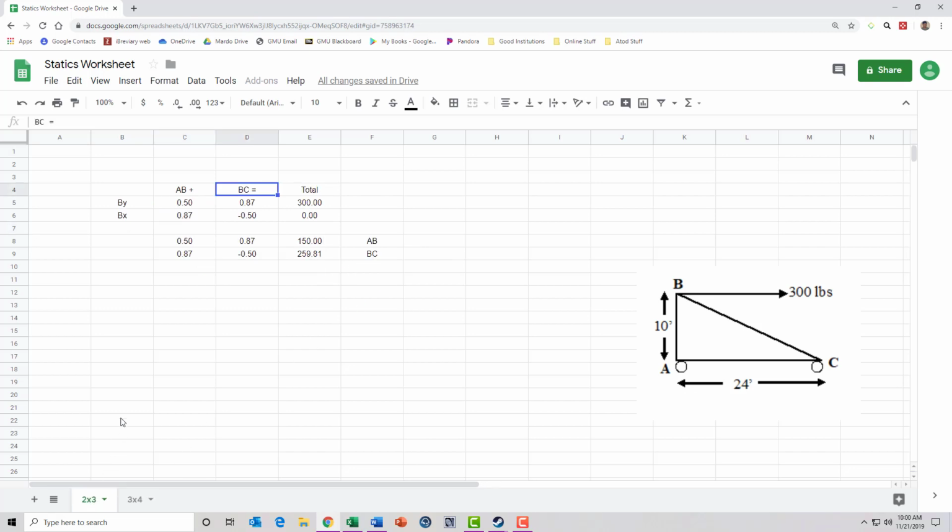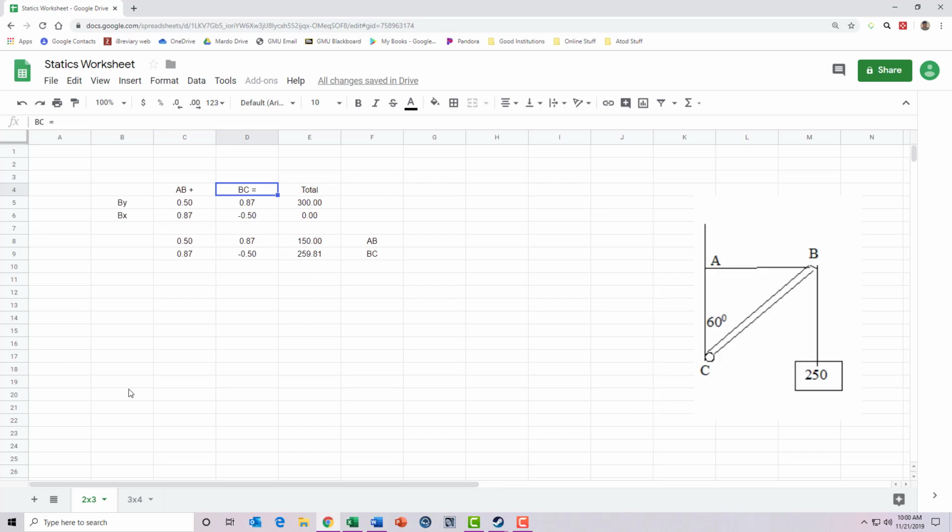Same thing here. For instance, let's go to problem number 3, where I have a beam and cable, and I'm going to redo this.